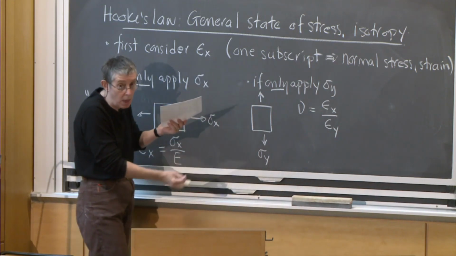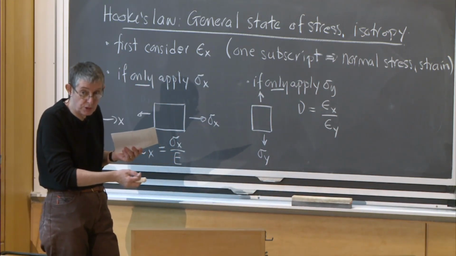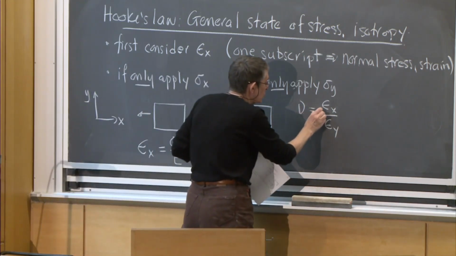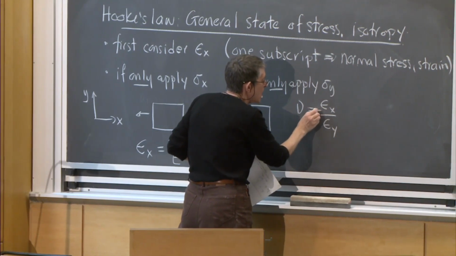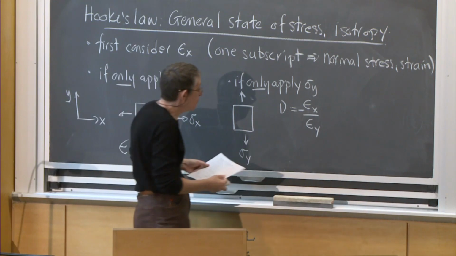So this time the applied stress is in the y direction, and so the lateral strain that I'm looking at is in the x direction. Okay? So the Poisson's ratio, I forgot my negative, is the negative of epsilon x over epsilon y here.